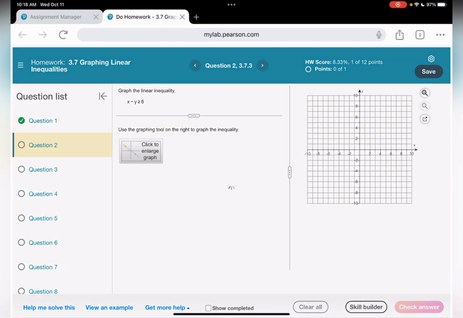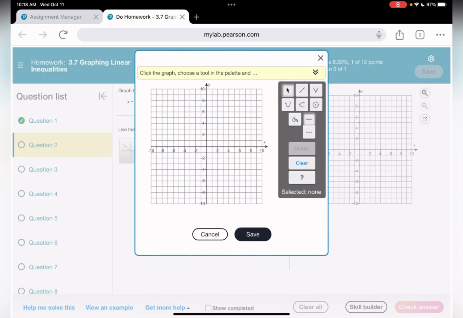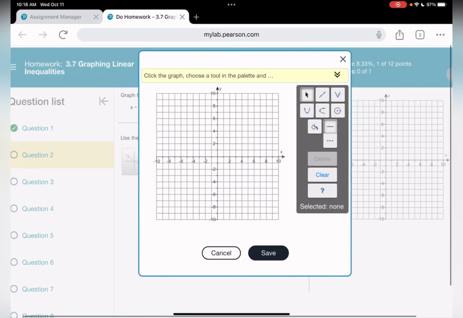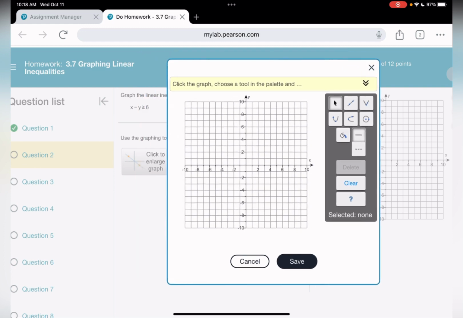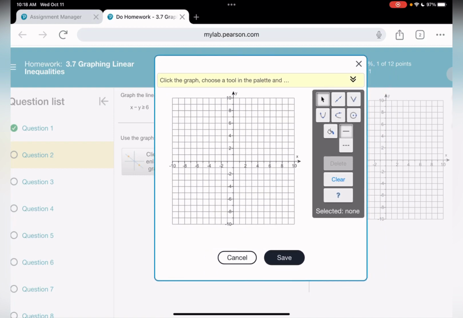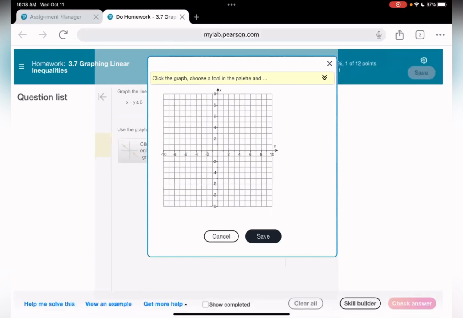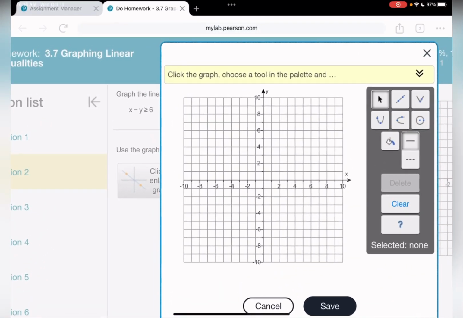Let's see. x minus 6, my intercept is going to be -6. Therefore, I am starting at -6. And what do I have? Less or greater than? Oh, greater than or equal to. Okay, so the equal sign is there.